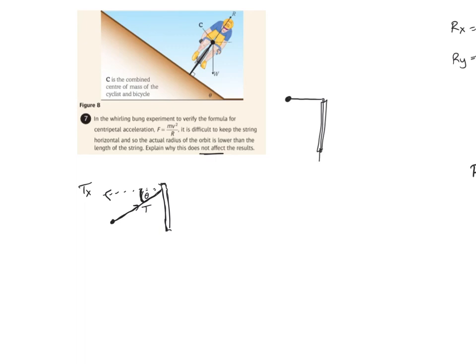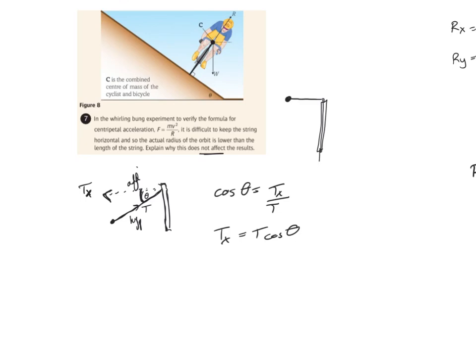So to explain why this won't affect the results, if it's at an angle theta, what we have is the Tx component. Once again, that's adjacent over hypotenuse. So that's cos theta is equal to Tx over T. So that component can be calculated using this equation.